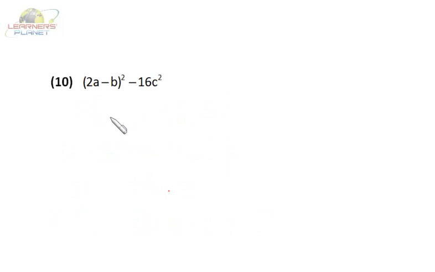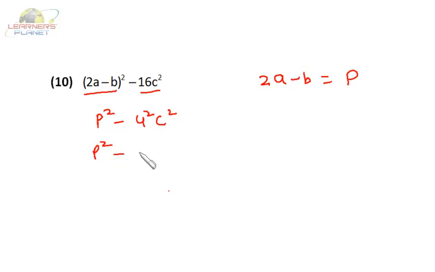Now let's say this question seems to be a bit different from the previous ones. Here it's a perfect square and it's also a perfect square. Let's assume 2a minus b as p. Okay, so it's p square minus 4 square c square, or we can say p square minus 4c whole square. Now we can expand it or we can factorize it like p minus 4c and p plus 4c.